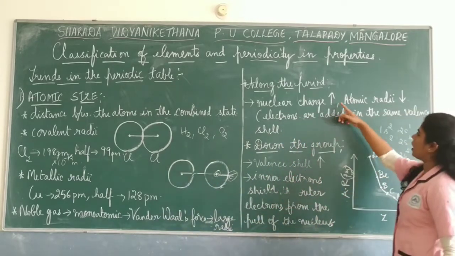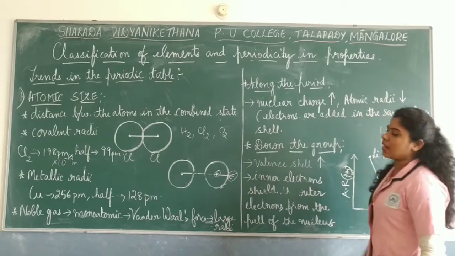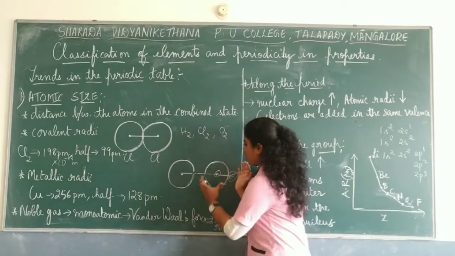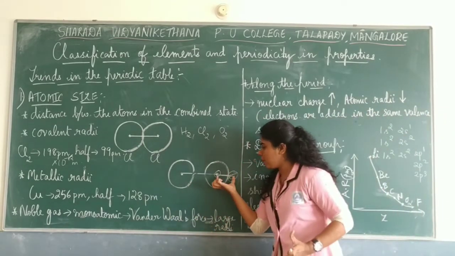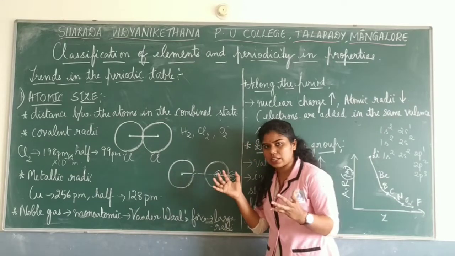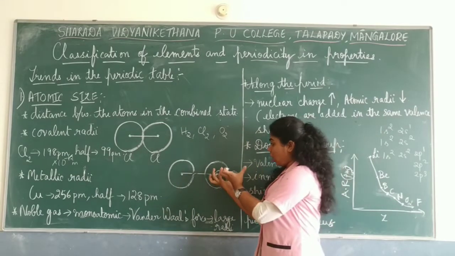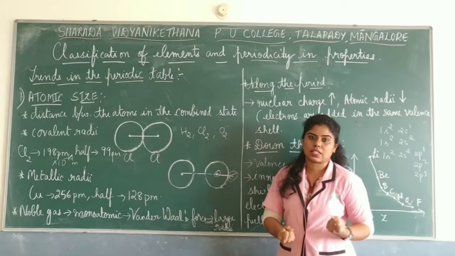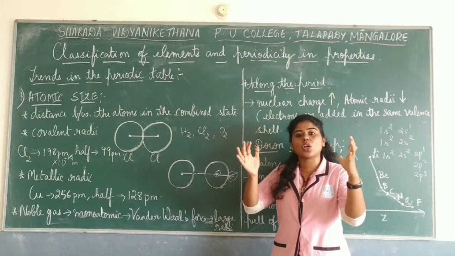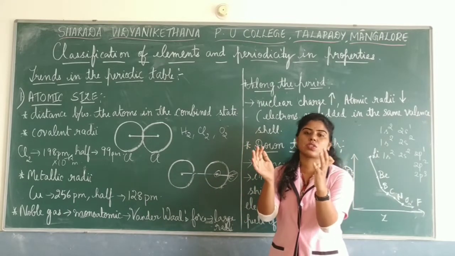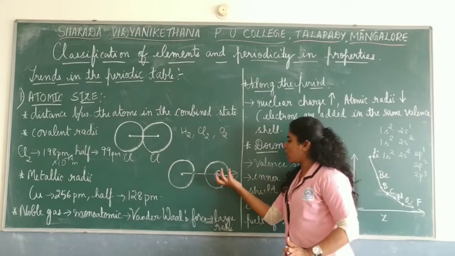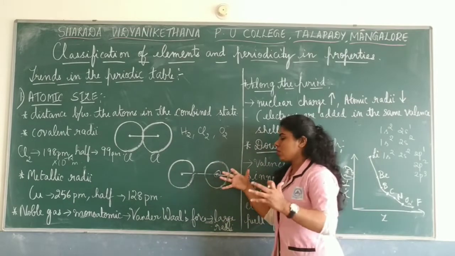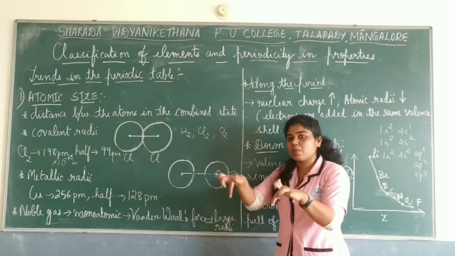So nuclear charge increases and the atomic radii decreases, which means that when you have more force of attraction, or nuclear charge increases, what happens to the size? The pull from the nucleus also increases. So what happens? The size automatically starts shrinking slowly. So if you keep on adding more and more electrons, the nuclear charge increases in the same valence shell itself.